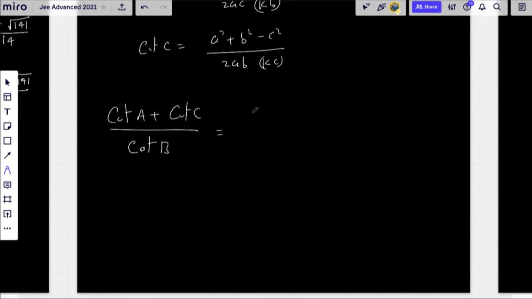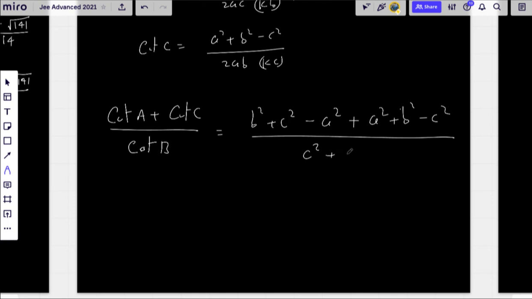That is b square plus c square minus a square. Okay. What about cot C? That is a square plus b square minus c square upon, that is what we say, c square plus a square minus b square, right?